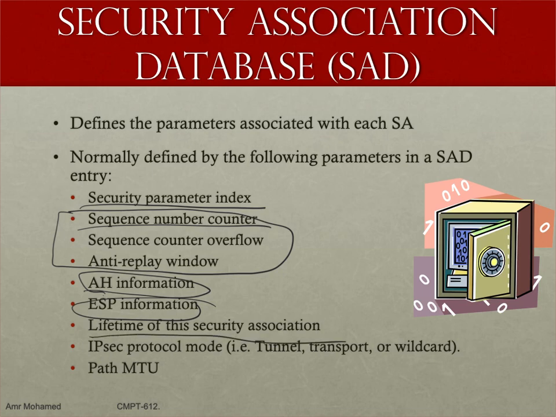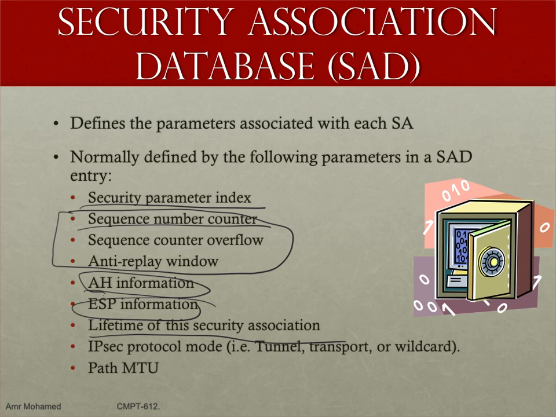Of course, just the fact that there is no replay attack doesn't mean that this security association does not expire, because a security association, again, is similar to temporary session security. When we talk about IKE, we perform user authentication and key distribution, right?